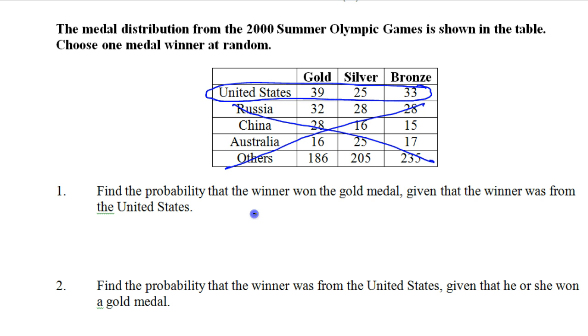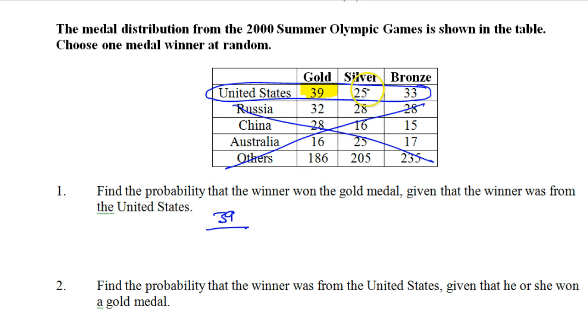Now we look back to see what probability they were really asking us about. The problem said find the probability that the winner won the gold medal. So gold medal is right here. Probability is target over total. Our target is gold medal, so that's 39.